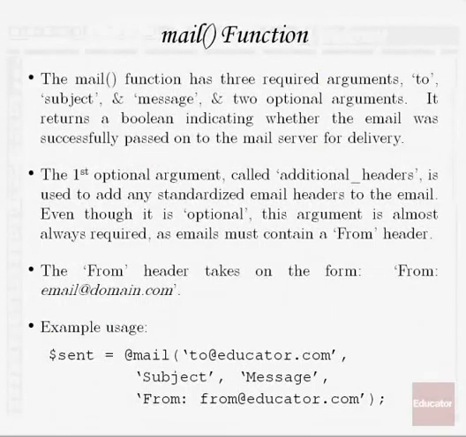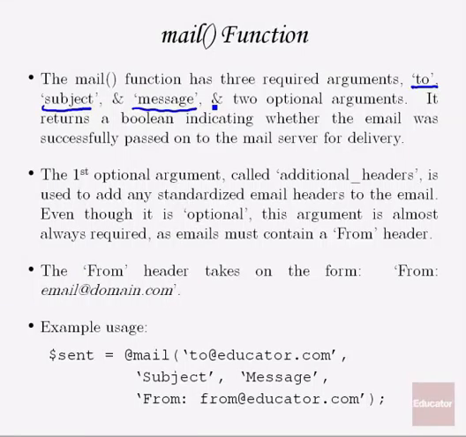So now let's talk about the mail function, which is the function built into PHP that allows you to send email. And it's what gets configured through php.ini, as we talked about. Basically, it has 3 required arguments. You have to provide a to email address, a subject, and a message. It also has 2 optional arguments.